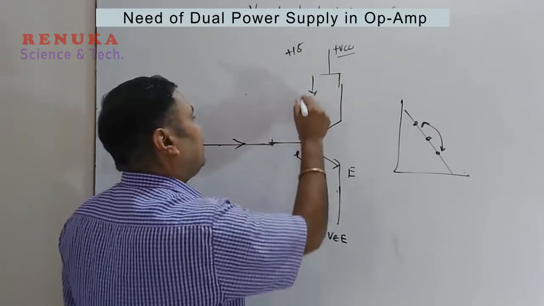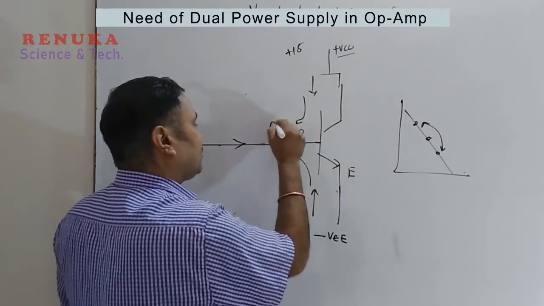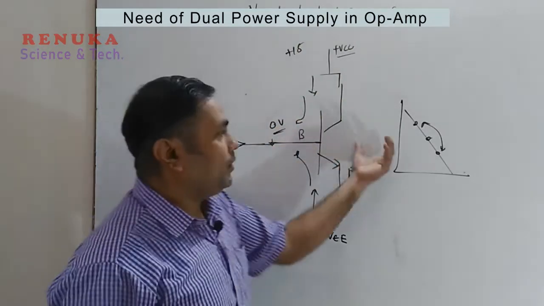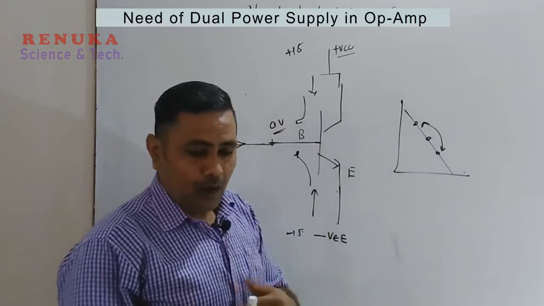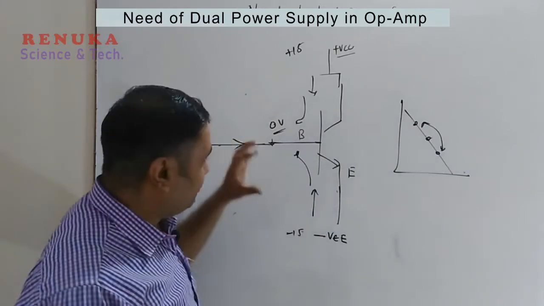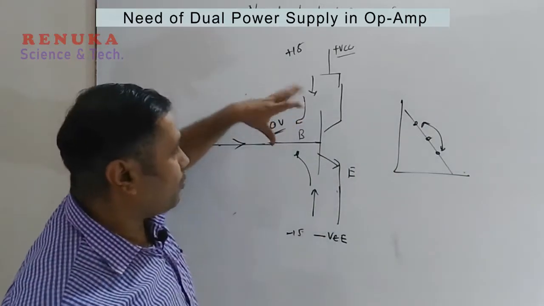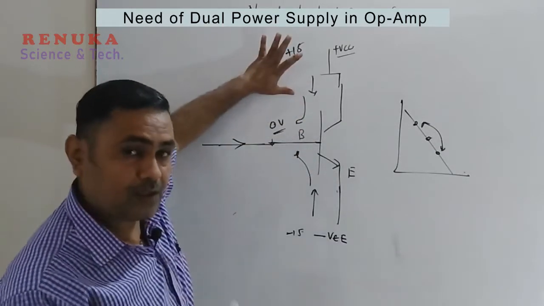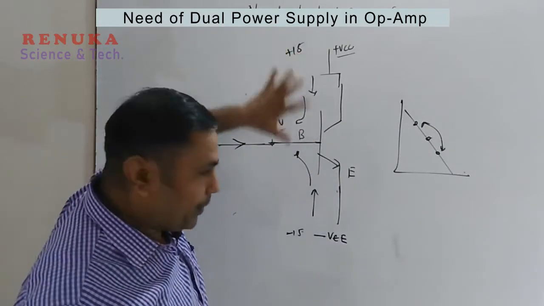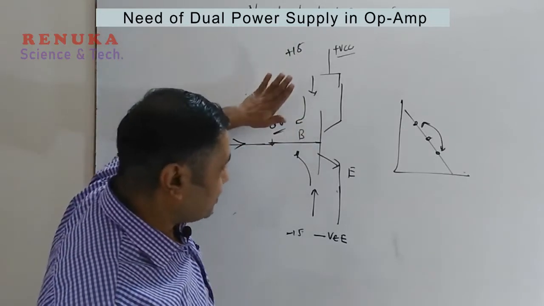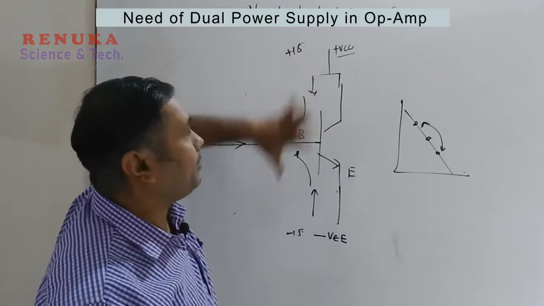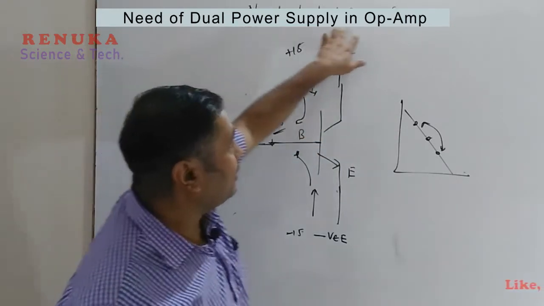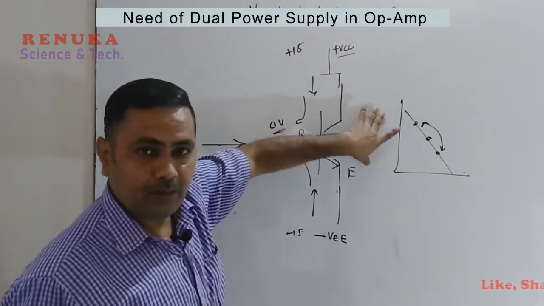Both the currents are meeting here, and so the net voltage or net current at this point will be 0. So the operating point will automatically be 0. So the base of this transistor is brought back to 0 potential due to dual power supply. This is one of the advantages. So the operating point remains stable if dual power supply is used in a differential amplifier. So this is why we need a dual power supply in a differential amplifier.